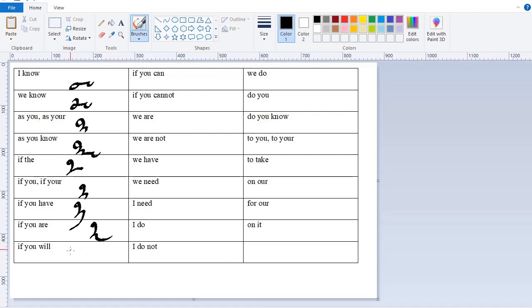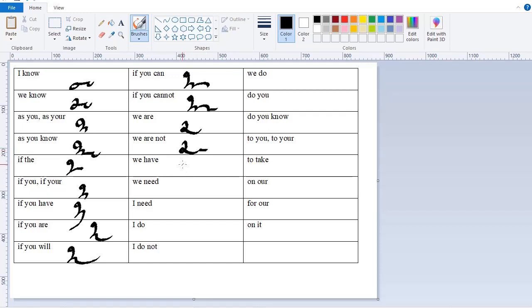Next, if you will, we have if, and then you, and then will. Next, if you can, we have if, and then you, and then can. Next, we have if you cannot, we have if, and then you, can, and not. We are, so we have we, and then are. We are not, so we have we, and then are, and then not.